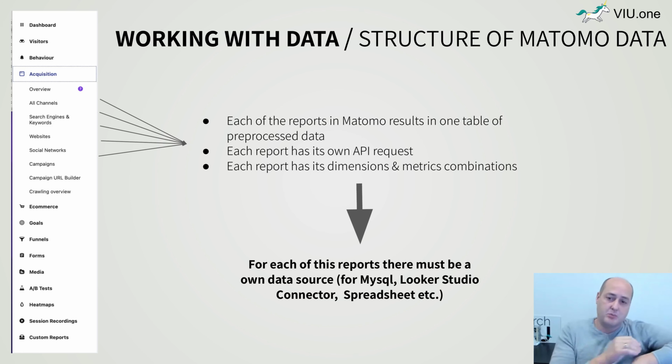For each of these reports, you need to create your own data source in most cases. So you work later with different data sources, one for geo, one for visitors, one for campaigns, if you want to build a dashboard. It's recommended to name them well, so you can find the data later.